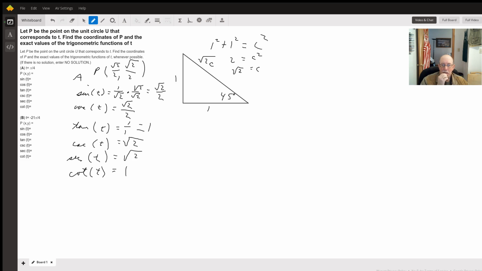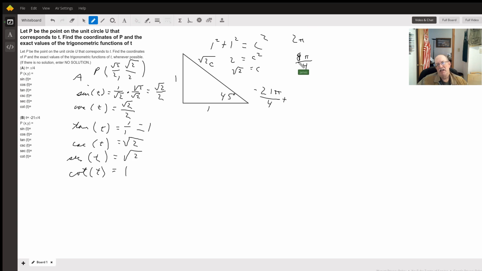So let's add a multiple of 2 pi onto that. Once around the circle is 2 pi.